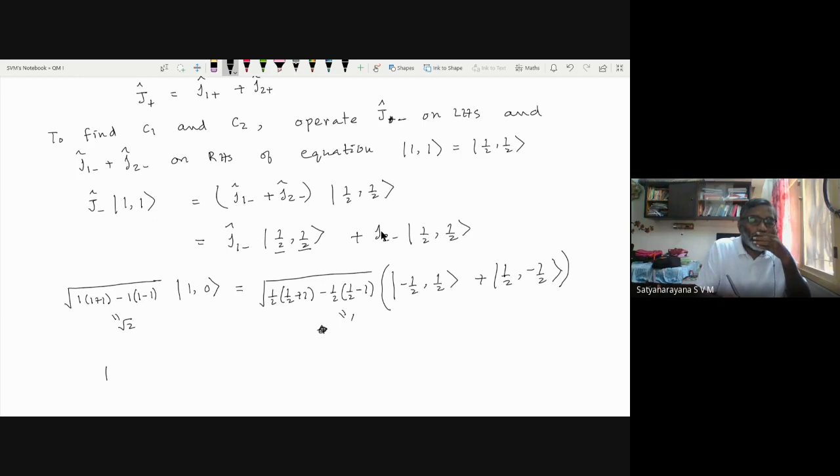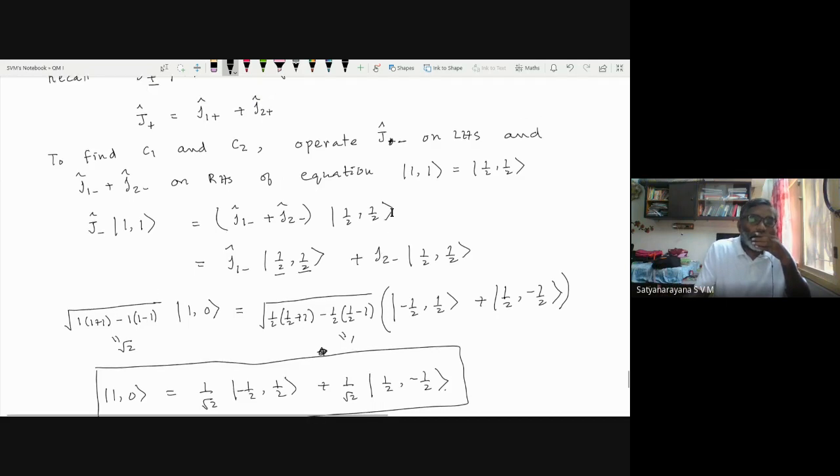So what I have is this 1, 0 is equal to 1 by root 2 into half, minus half, plus 1 by root 2 into minus half, half. So please read this one and the equation that I have written earlier.